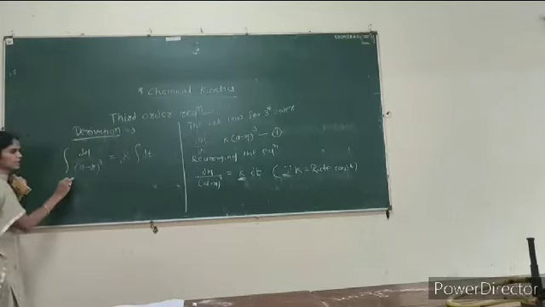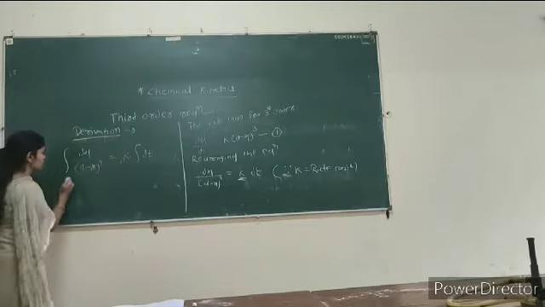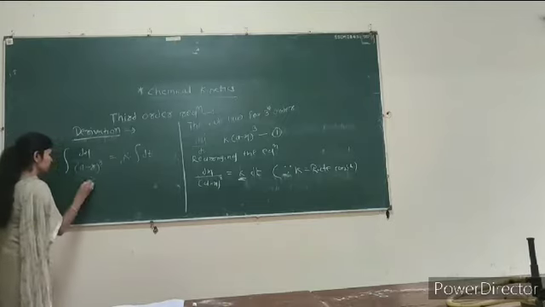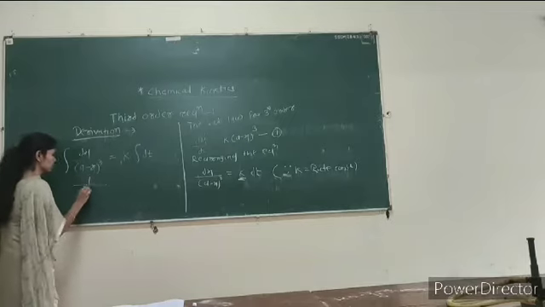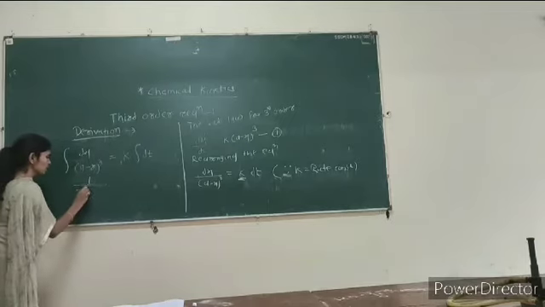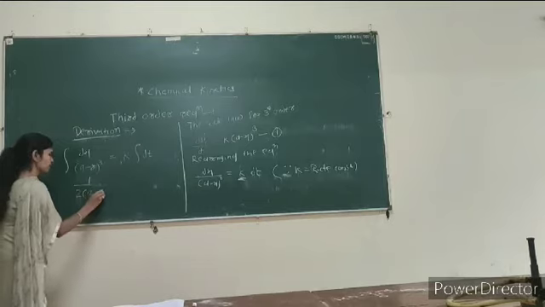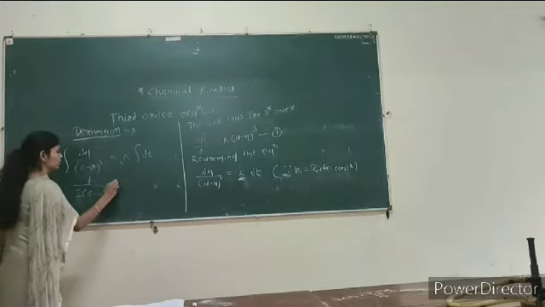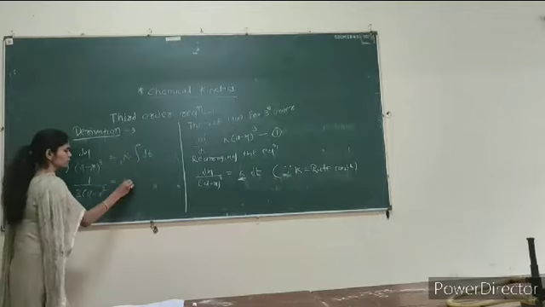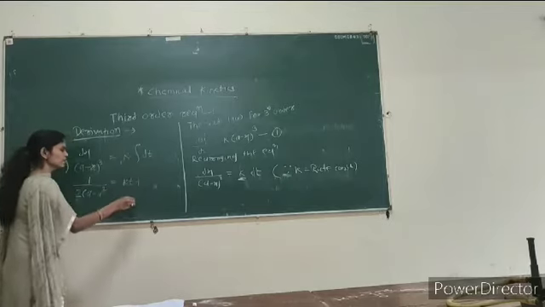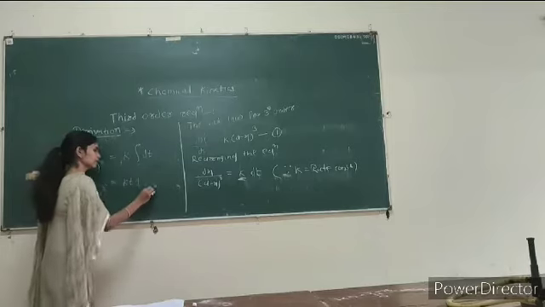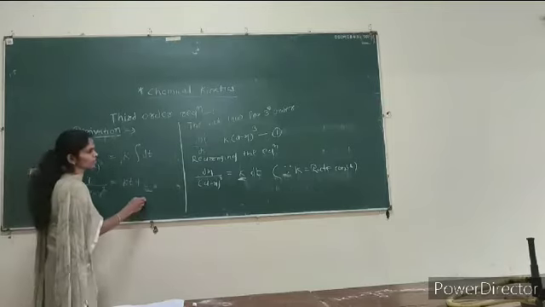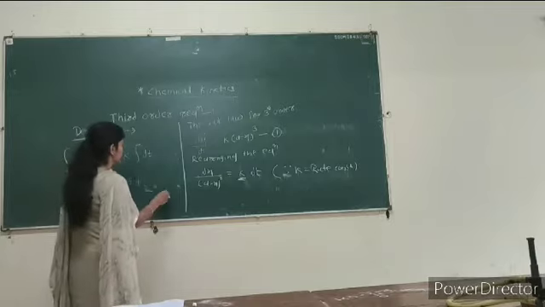Integrating the equation, we get 1 upon 2(a minus x) squared is equal to kt plus c, where c is the integrating constant. This is equation number 2.